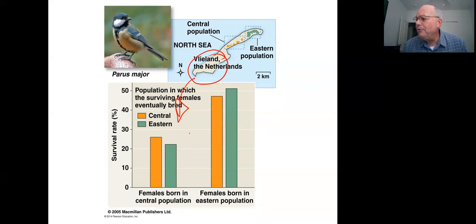So birds can migrate from the mainland Netherlands through those islands onto the western tip of the island, and then migrate up into these populations. And it is the frequent arrival of individuals, particularly females they've been monitoring, but individuals in general from the mainland, that is actually having an effect on the adaptation or the evolution and adaptability of this population to the environment on Vlieland versus this population.